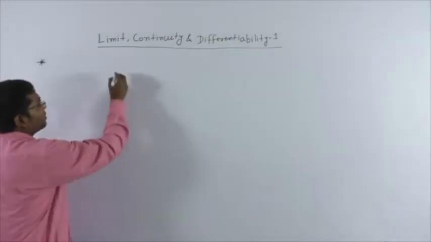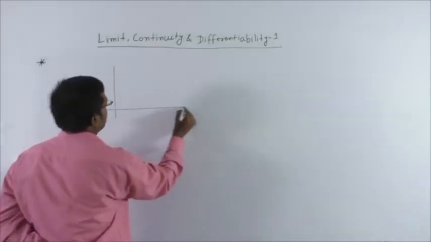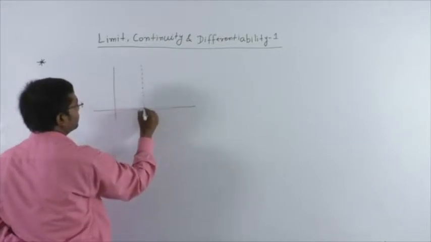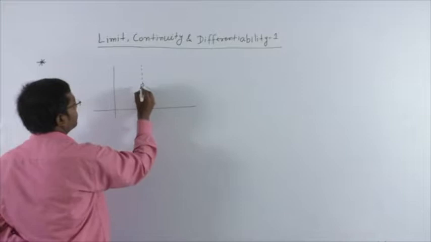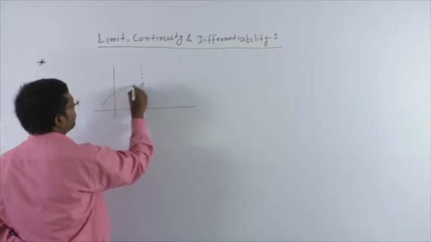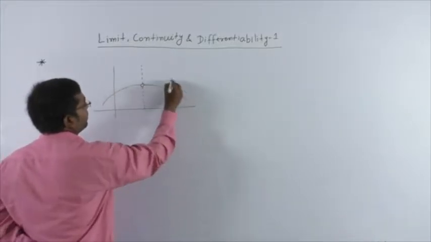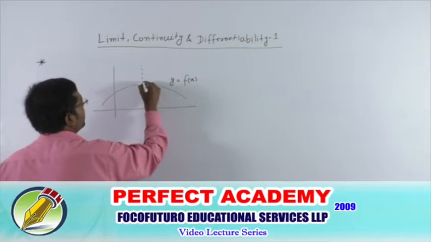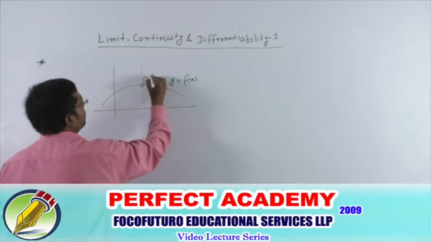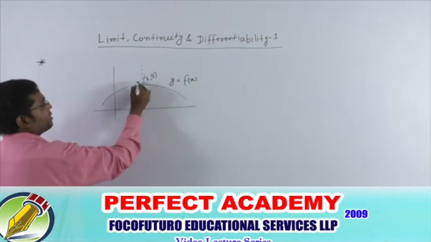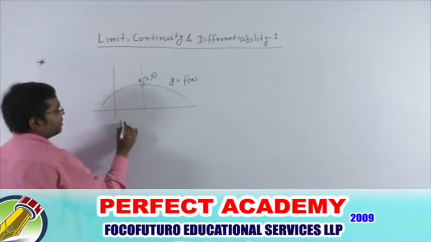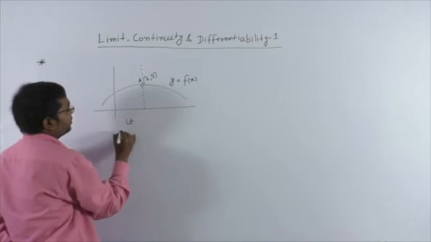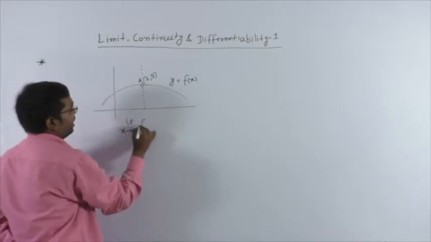Now see, suppose we have a function like this. This is y equals f(x), and the coordinate of this point is (2, 5). Okay, this is the point. Now we have to calculate the limit as x tends to 2 of f(x).